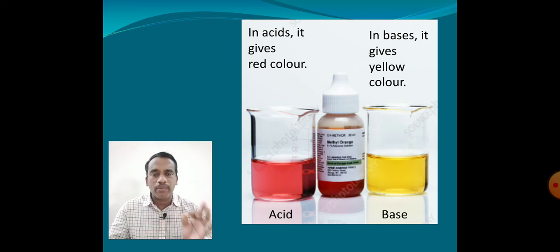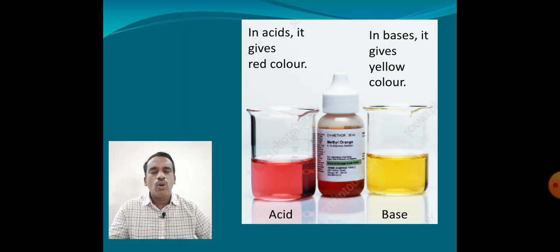But in the acidic medium, it appears completely red. By that we can say the solution is an acidic solution. Now let us see the color of methyl orange in a basic solution.